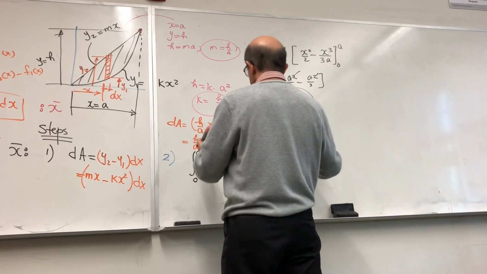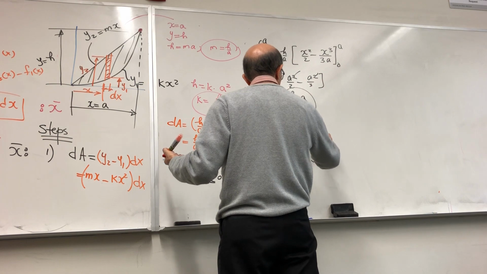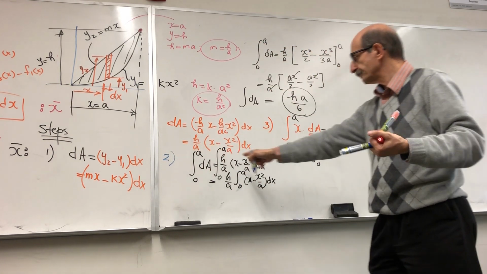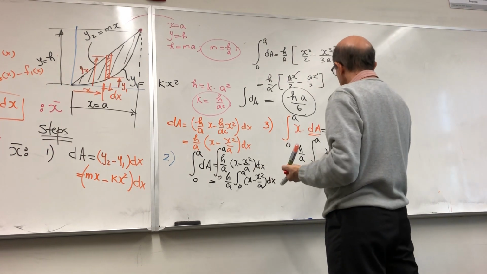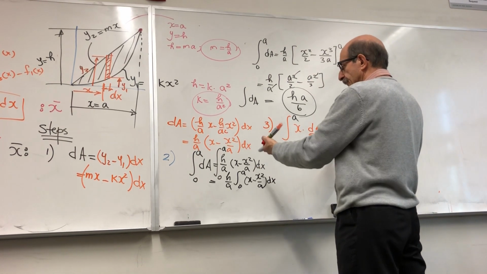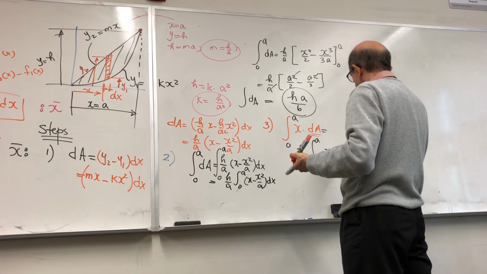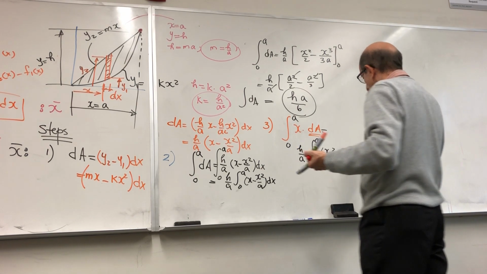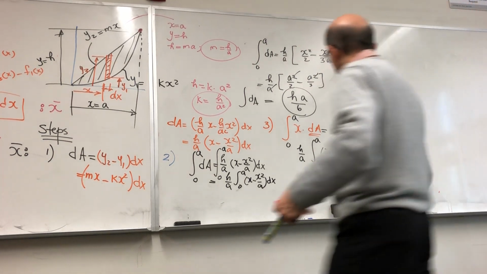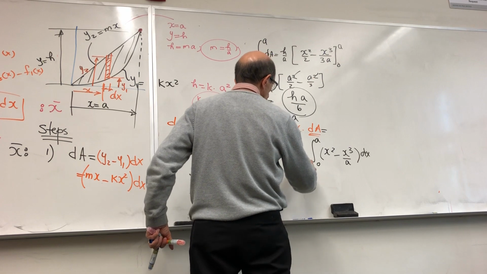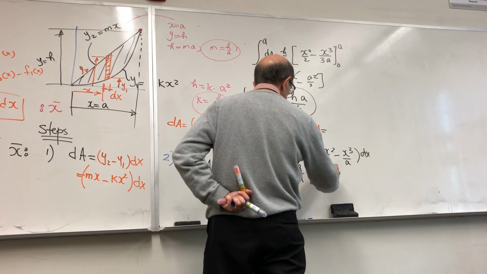So that would be h over a, integral from 0 to a of x squared minus x cubed over a dx.